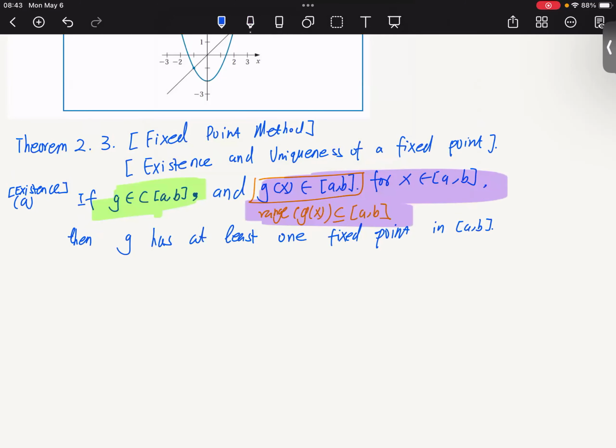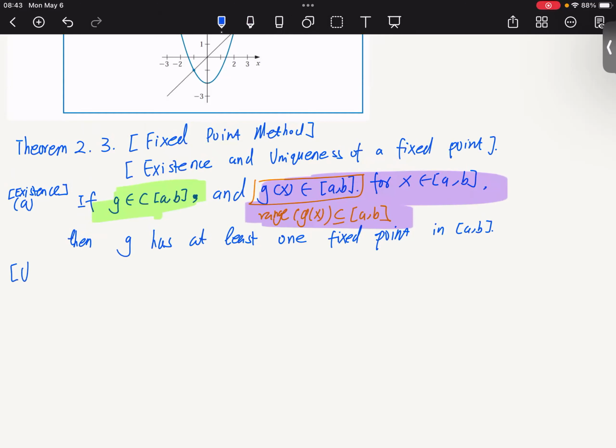Then we are going to take a look at the uniqueness. We are going to impose one more criterion on the g function to get the uniqueness. So in addition, we get one more requirement for the function g, and it is a requirement on the derivative.